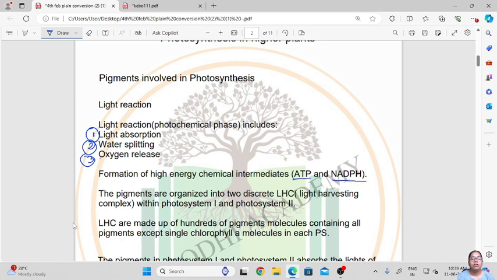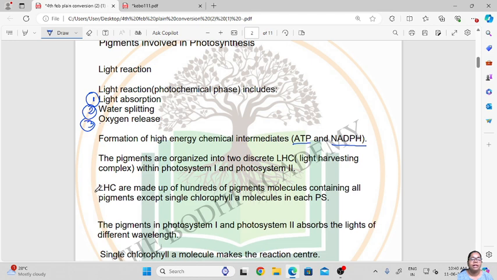The pigments are organized into 2 distinct light harvesting complexes within photosystem 1 and photosystem 2. The light harvesting complexes are made up of hundreds of pigment molecules containing all the pigments except a single chlorophyll A molecule in each photosystem.